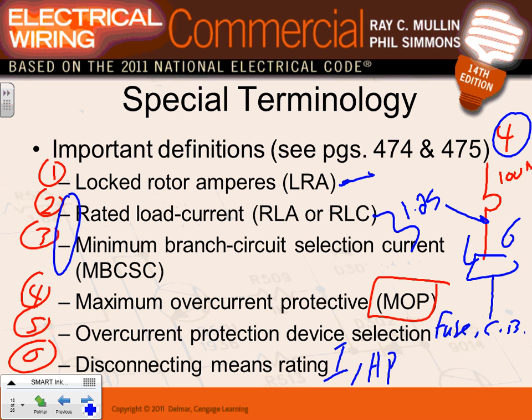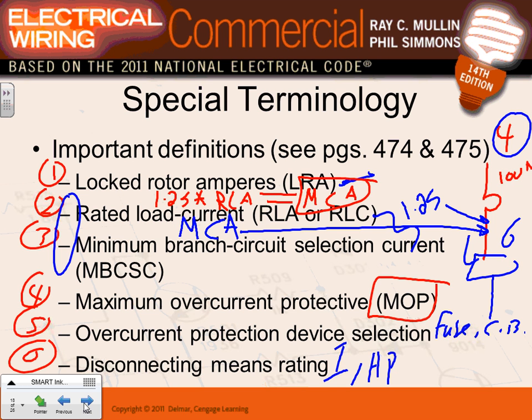There's also another term that they use, guys. They take these and they call it minimum circuit ampacity, and they size the conductor directly. So Jeff, what they do is they take 1.25 times rated load amps and then equal minimum circuit ampacity, and they put this value for you.